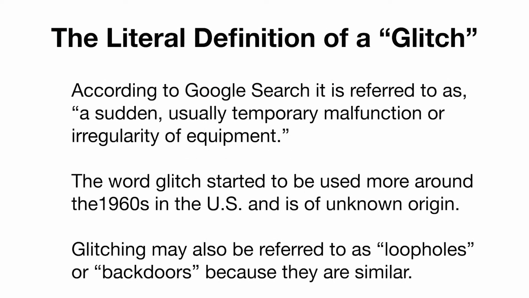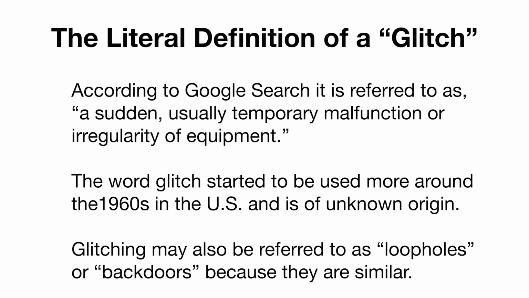So let's get started and elaborate on step 1. What is a glitch? If you look on Google, you'll find the literal definition of glitch, which is a sudden, usually temporary, malfunction or irregularity of equipment. This could mean if you start up your computer and you hit the escape key, the computer might shut down. It's a glitch.